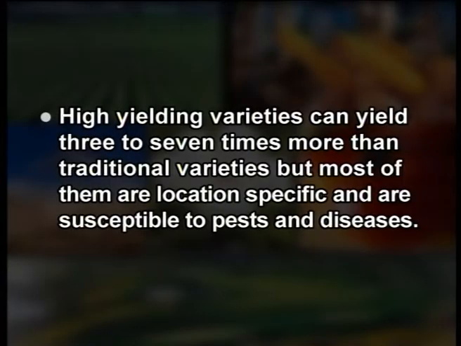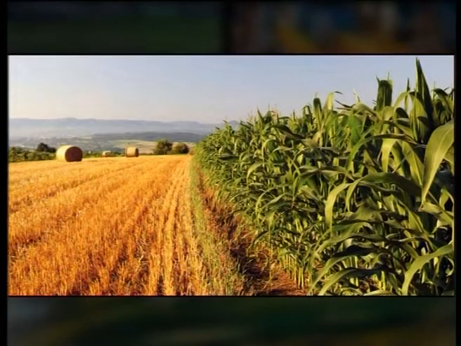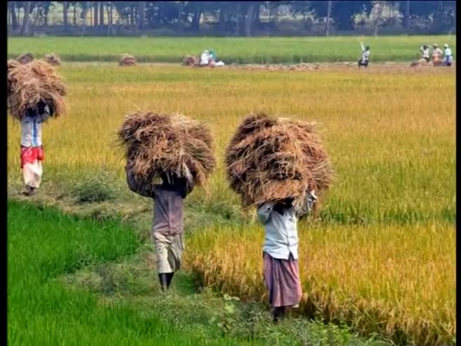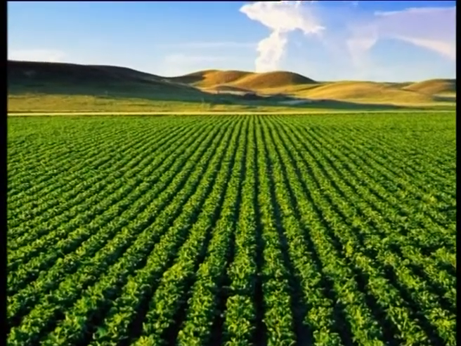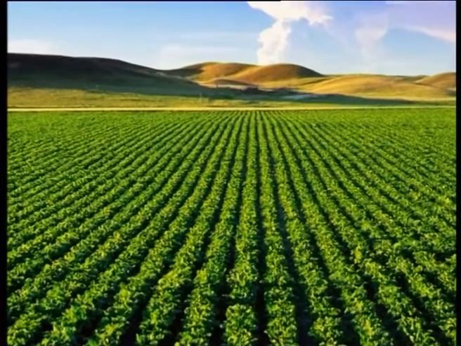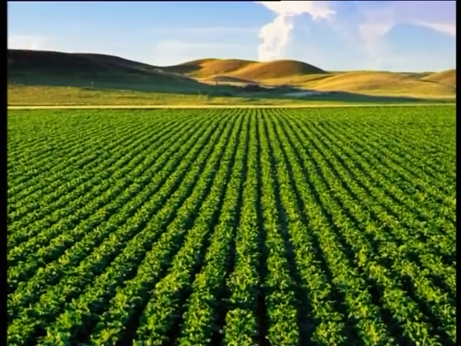High yielding variety can yield 3 to 7 times more than traditional varieties, but most of them are location specific and susceptible to pests and diseases. But on the whole, wherever research has taken place, for example, rice and wheat were concentrated upon by researchers, and these crops have increased, and therefore naturally the other crops have stood to lose out.